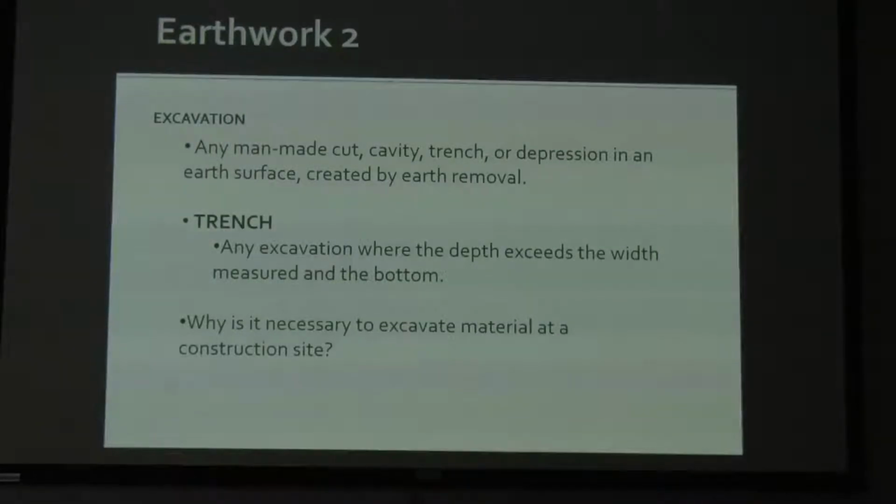I guess one of the questions we want to ask ourselves is, in light of heavy construction, why is it necessary to excavate material at a construction site? I think that's something that we should all know. However, the real reason is just to achieve a desired grade, or to make room for a structure or a subsurface structure that we want to put into place.